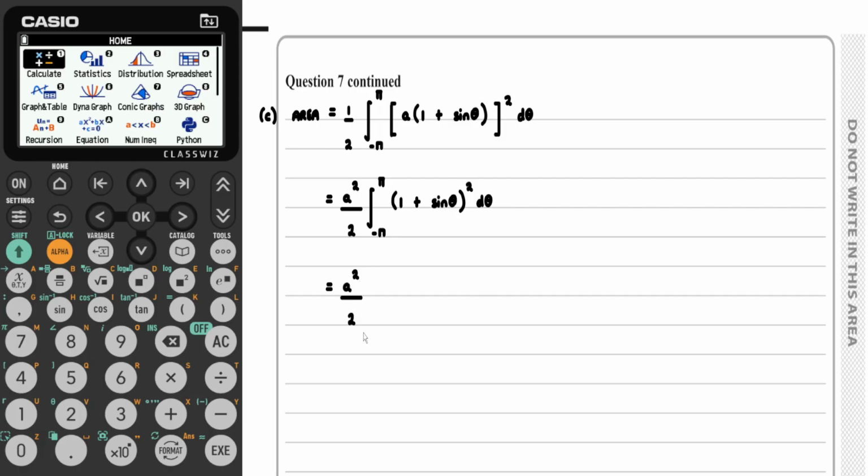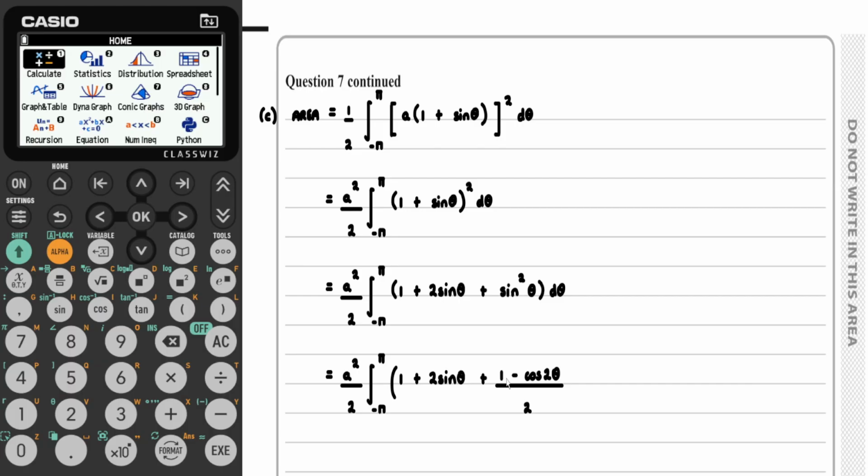So we've got a squared over 2 times the integral from minus pi to pi of, now 1 plus sine theta squared, that is the same as 1 plus 2 sine theta plus sine squared theta. And we add on sine squared theta, which is the same as adding on 1 subtract cos 2 theta over 2.